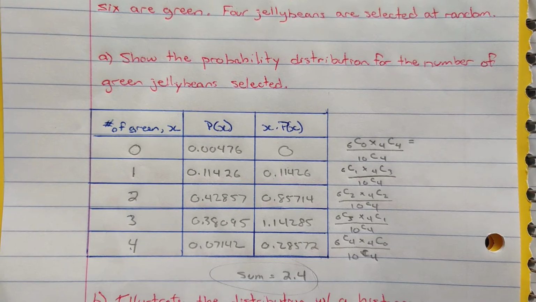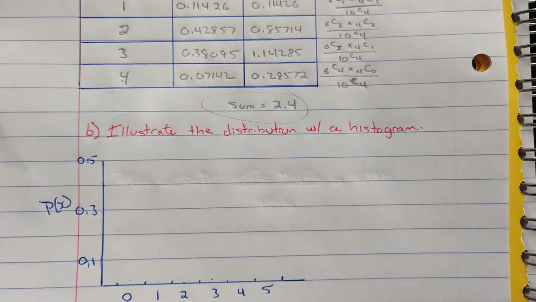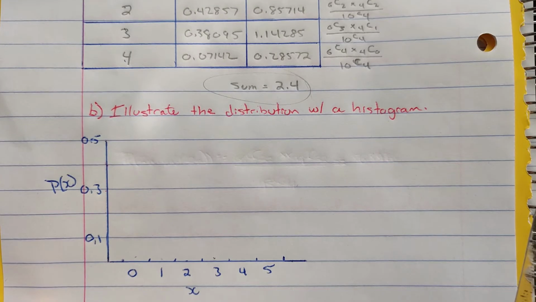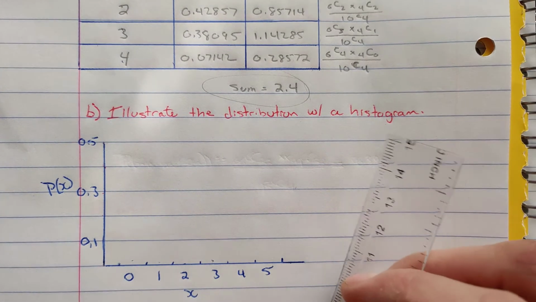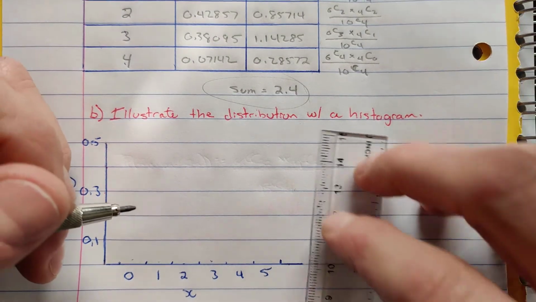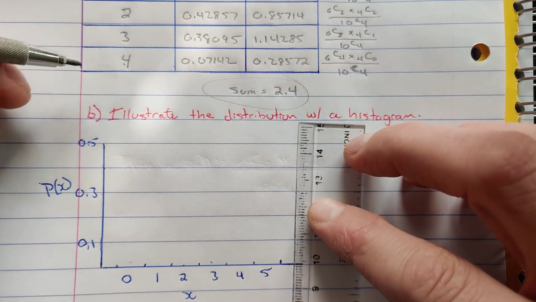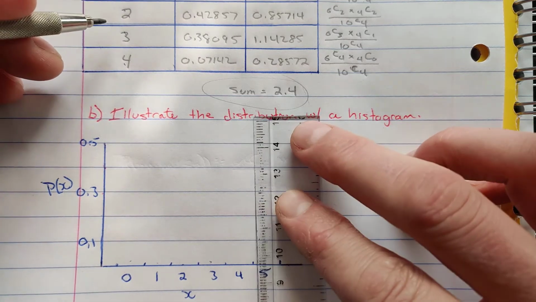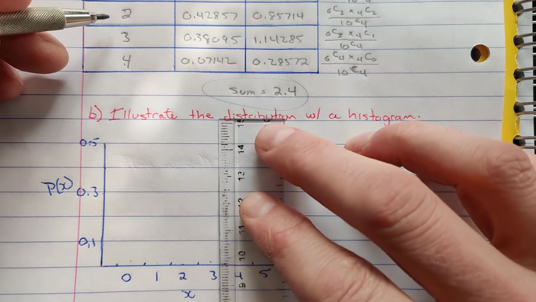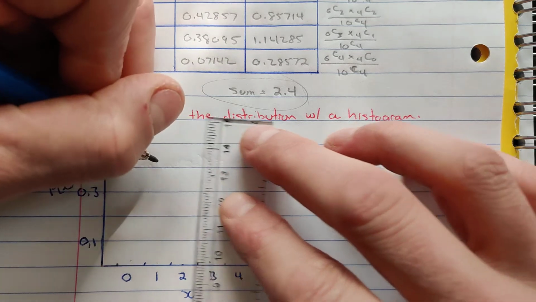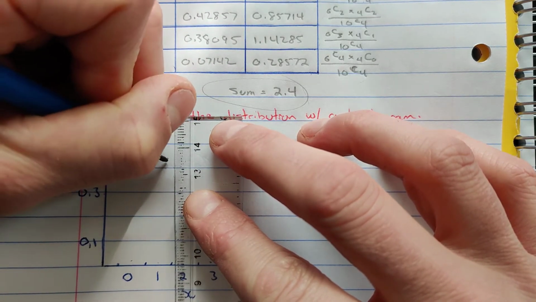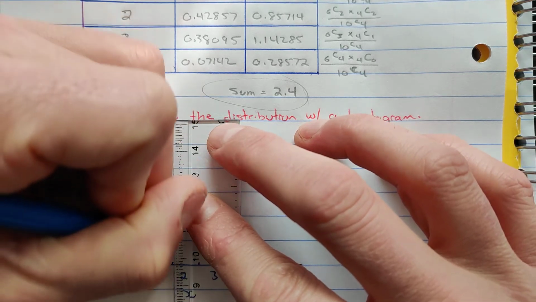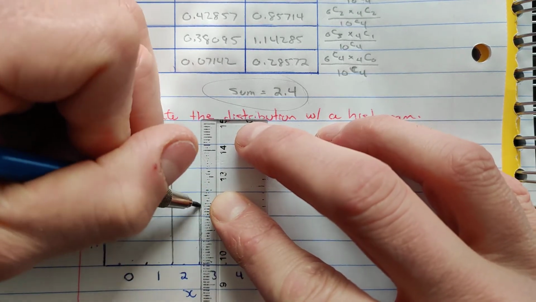If we're going to illustrate this distribution in a histogram, then I've preset that there, our 0, 1, 2, 3, 4. There is no 5 jelly beans, but we can put our different columns in there. So our 2 jelly beans is going to be the peak here at 42.8, so that's going to be about, let's say here. This is just a rough sketch of this.